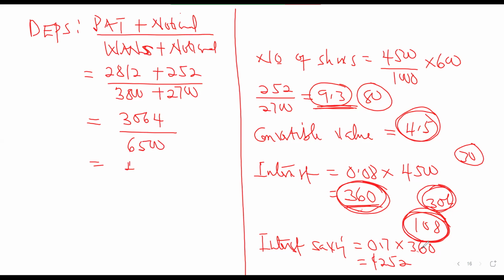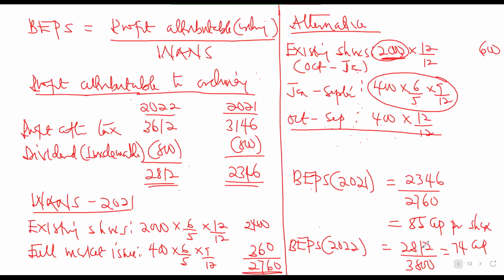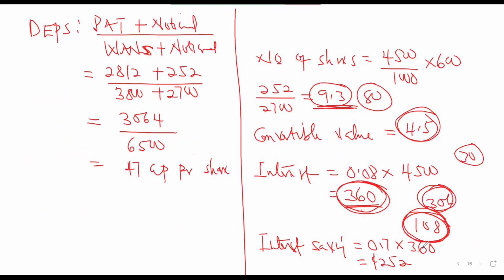So it means that if these are converted in the future, they are going to have an effect on our earnings per share. Or if these are to be converted now, they are going to be reducing our earnings per share from 74 pesos to 47 pesos. That is what we call the diluted earnings per share.